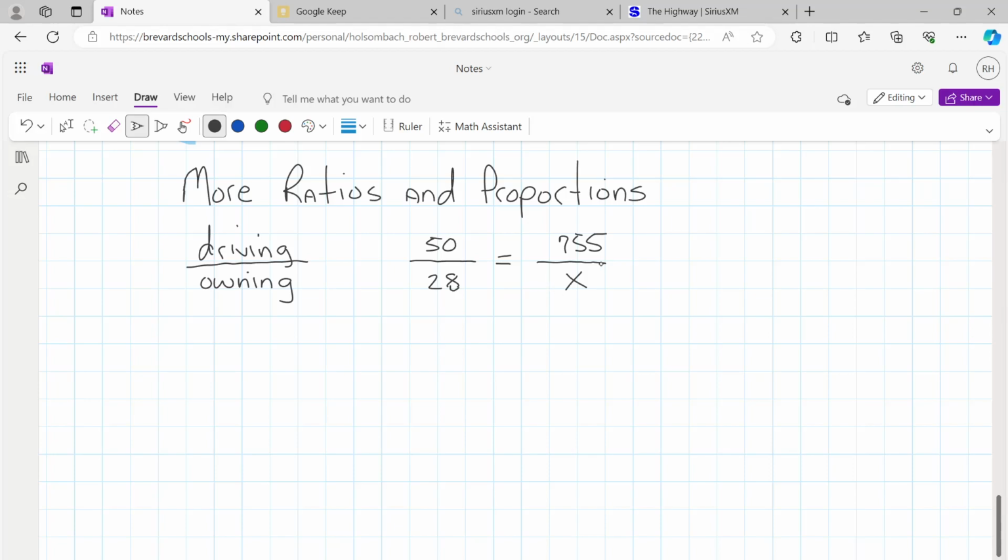And then yesterday we solved these proportions by crisscross multiplying, and we're going to do the same thing today. So right here we take 50 times x, and we get 50x. And it's going to be equal to 28 times 755, which is 21,140. And then divide both sides by 50.